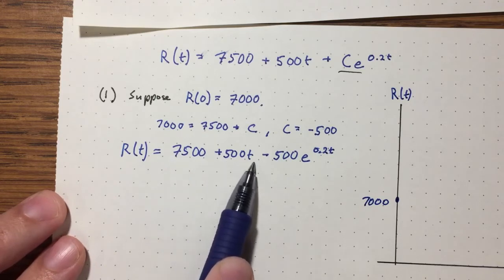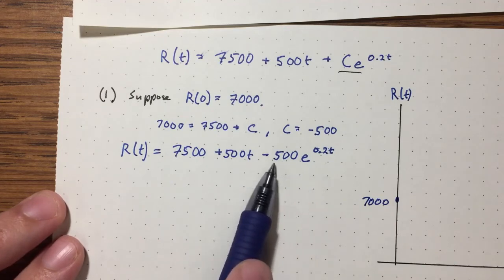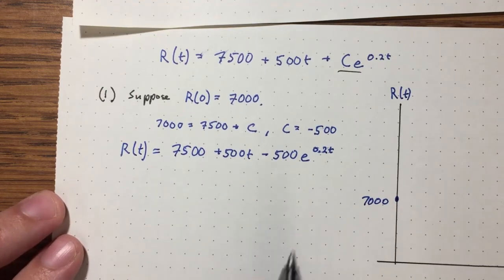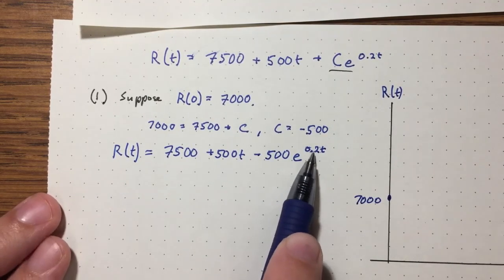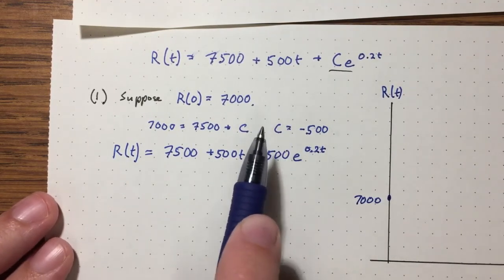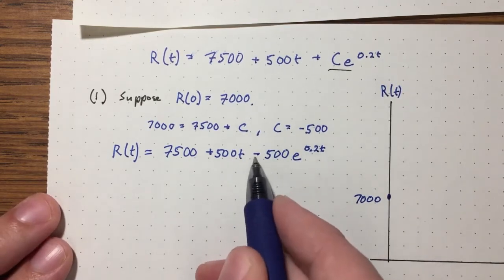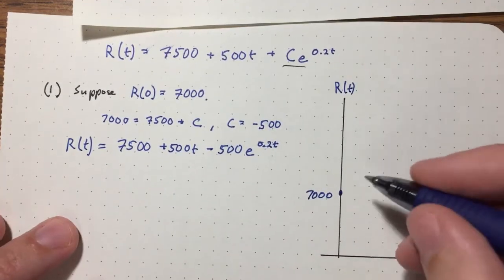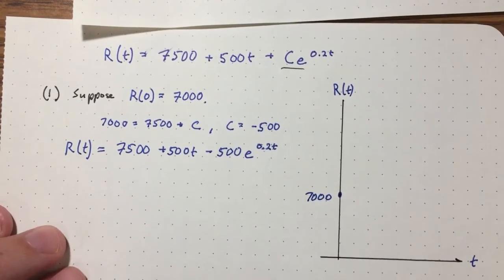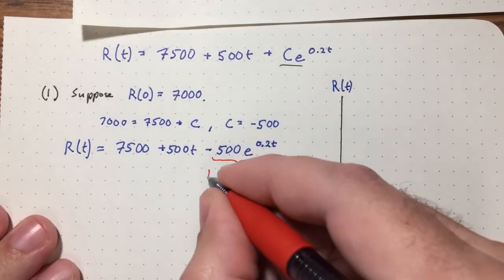We have a linear function right here, and then we have this bit here. What is this going to look like? So e to the 0.2t is an increasing exponential, but we're subtracting 500 times this increasing exponential. So here's actually what it's going to look like.